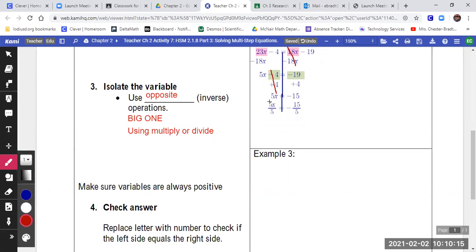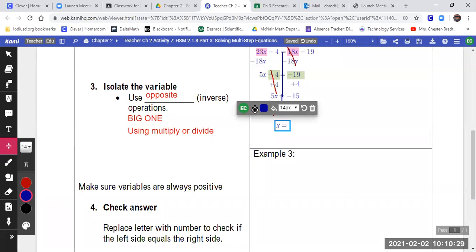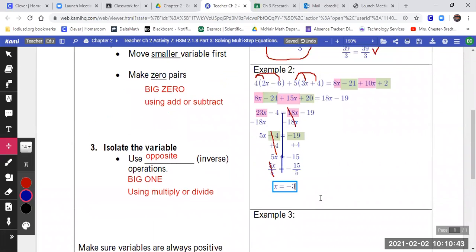I get to cross it out. I have just left an x that's equaling what? What's that x equal? Is it positive or negative? It's negative. 15 divided by 5. Okay, 3. Yay, this one's cleaner.